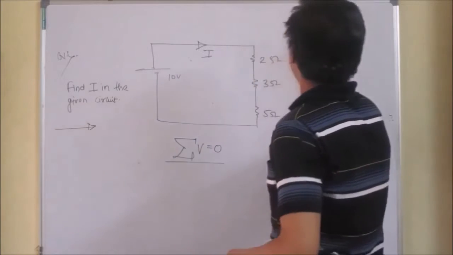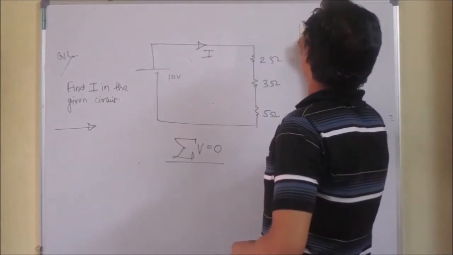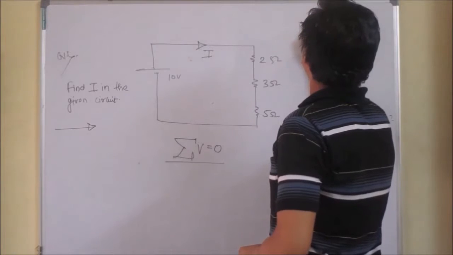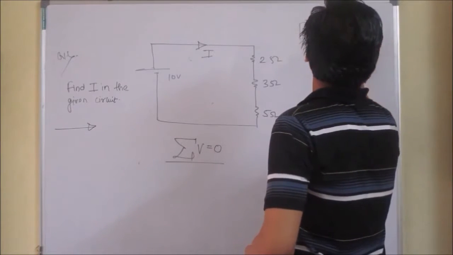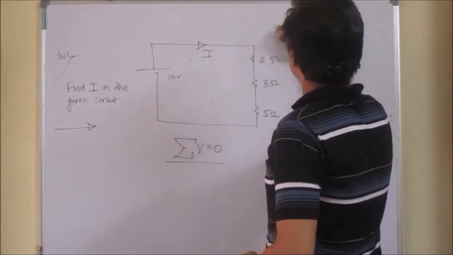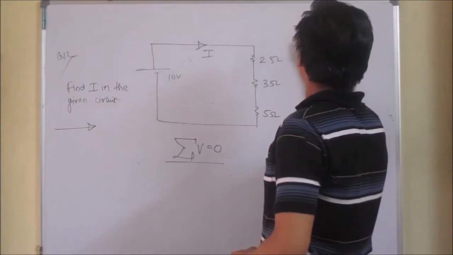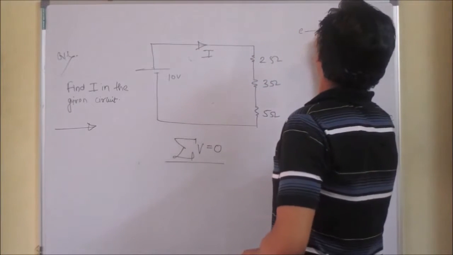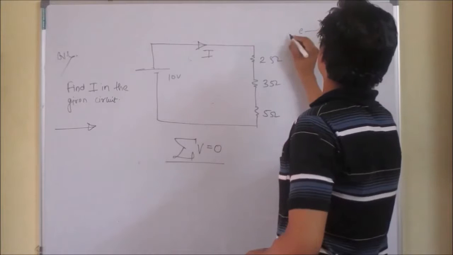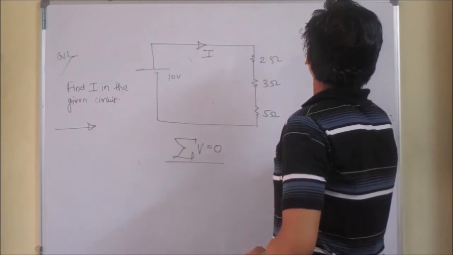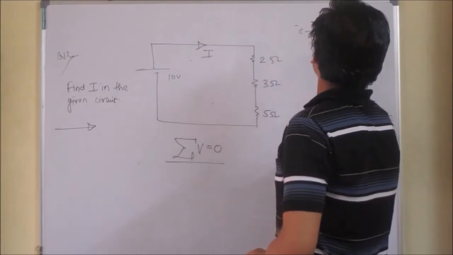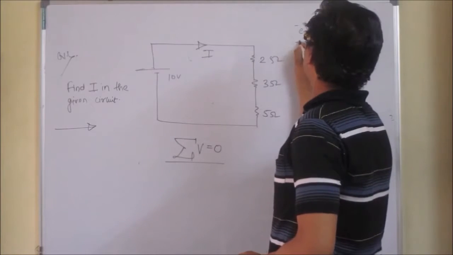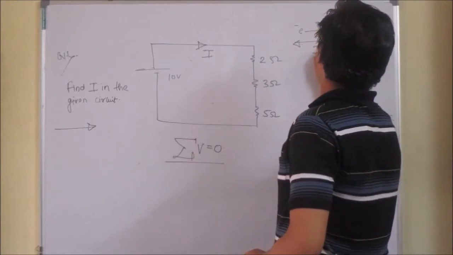Always remember that electrons flow from negative to positive, and current flows from positive to negative.